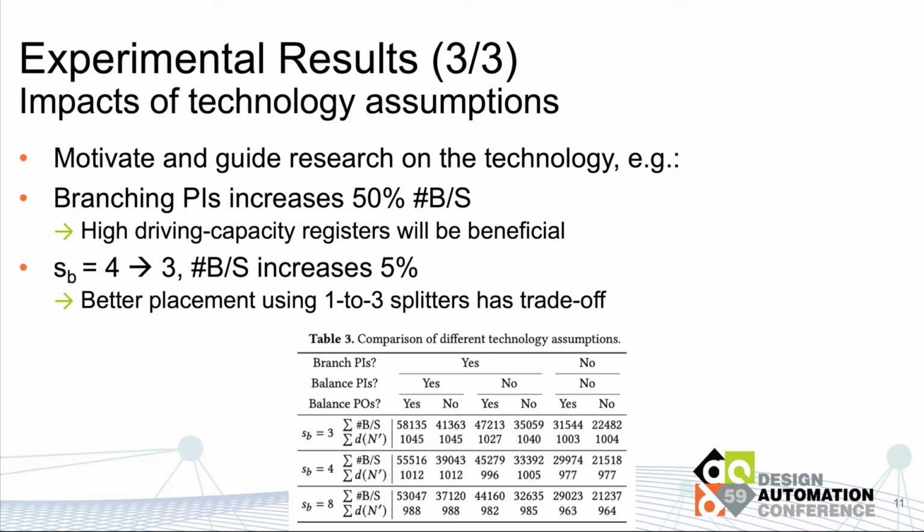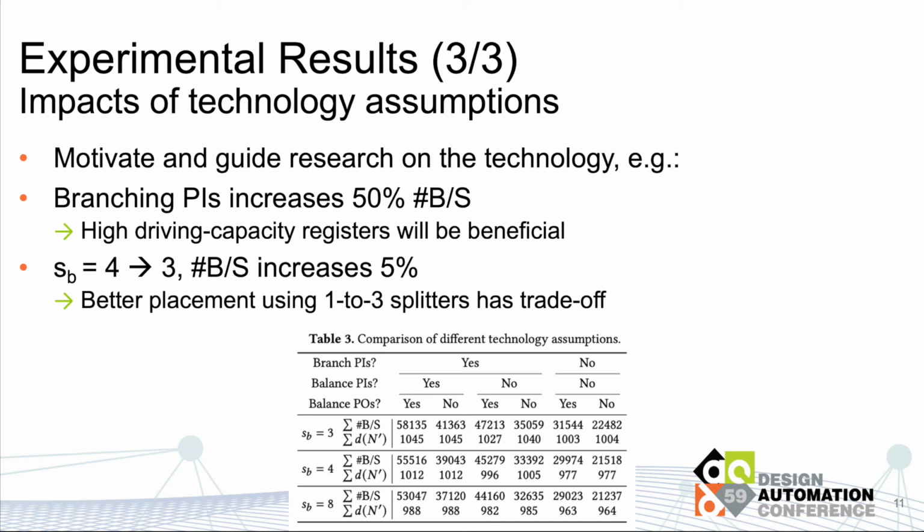Finally, we investigated the impacts of the technology assumptions, which may motivate and guide future research on the technology side. For example, we found that branching PIs will increase the number of buffers by 50%, suggesting that having high driving capacity registers at the inputs of the circuit will be beneficial.